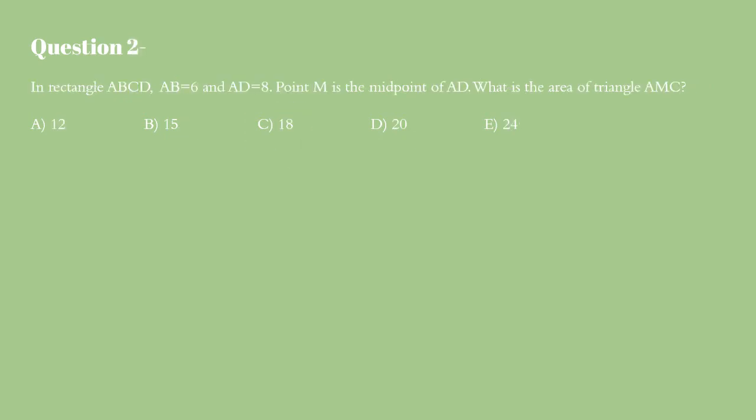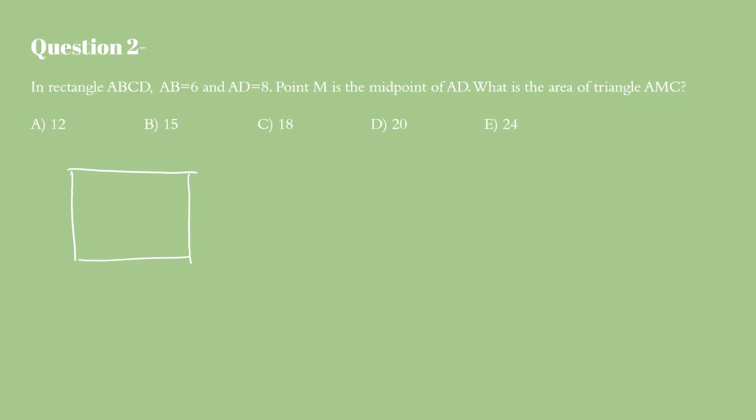Question 2 states, in rectangle ABCD, AB equals 6 and AD equals 8. Point M is the midpoint of AD. What is the area of triangle AMC? Okay, so first of all, let's just draw a rectangle ABCD. It's okay if it's not to scale.